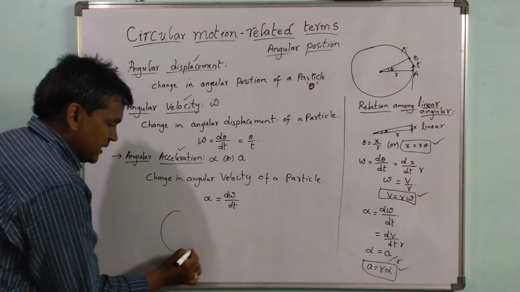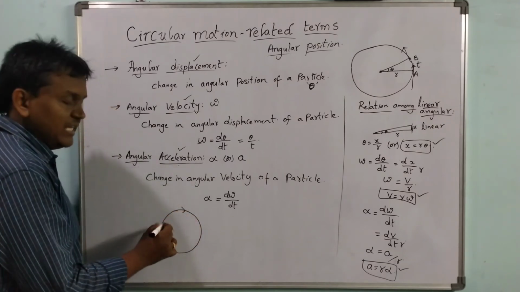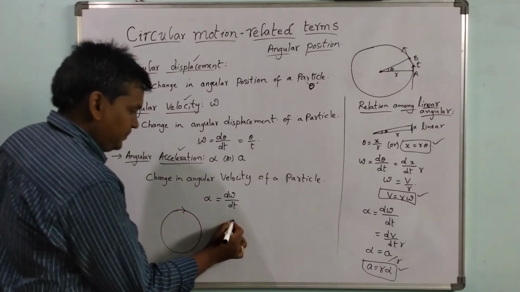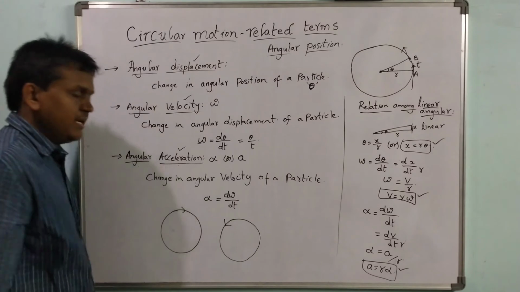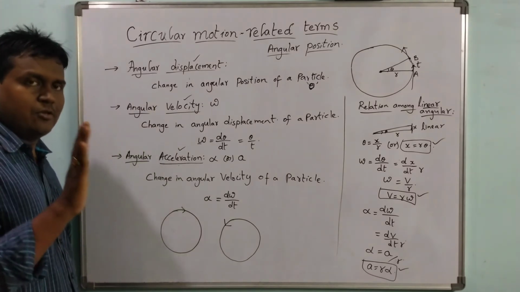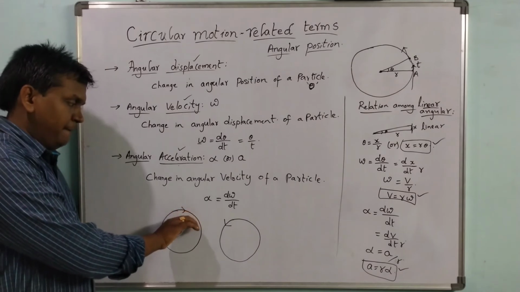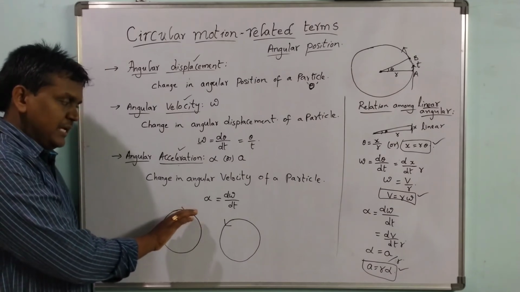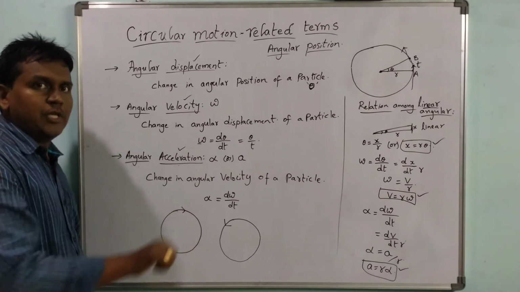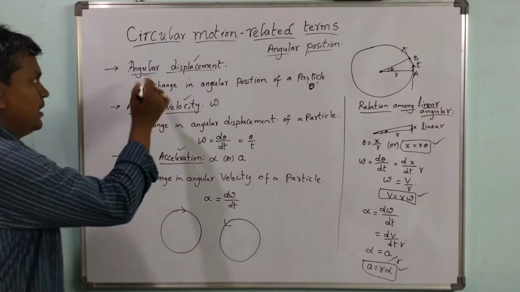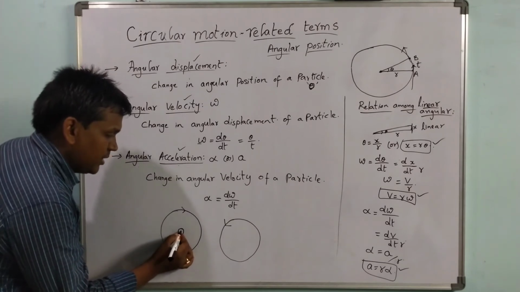I am considering two conditions: when a particle is moving in a clockwise direction and when it is moving in an anti-clockwise direction. For clockwise, I take my right hand and place it like this, and the thumb is into the board. That means the direction of angular displacement is into the board.